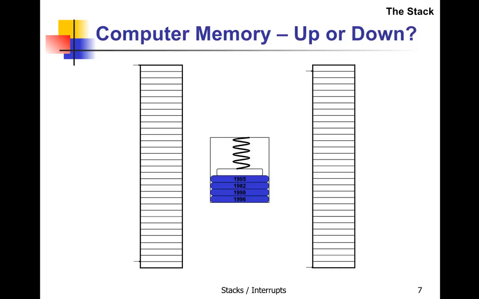So up or down, it's a little bit tricky to look at this. This is the way the MSP430 stack works, and it may work the way many of them work. You could have it go backwards from this, but generally the stack starts at the highest RAM location and grows down toward 0 in RAM. Let's see how that works here.